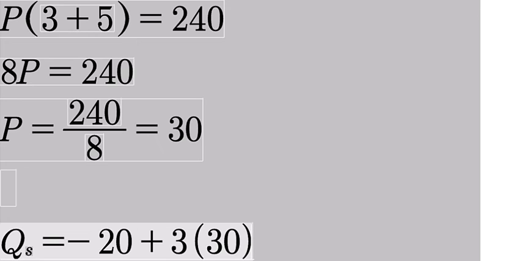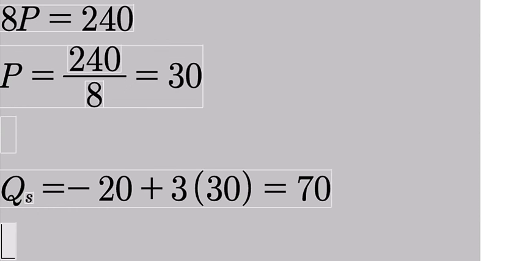When you evaluate, 3 times 30 gives 90, then minus 20 plus 90 is equal to 70. So the equilibrium quantity is 70 kg or units. The graphical presentation of this is given on the last page.